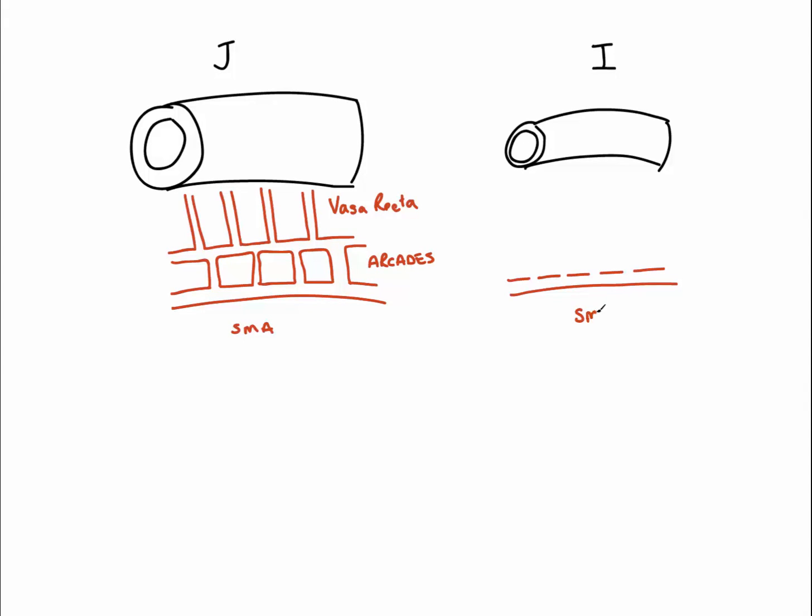Again, we've got a representative length of the superior mesenteric artery. And this time we can see that there's a whole series of these arterial arcades, but they're more irregular. There's more of them, and they tend to be smaller. Here we've got a representative portion of these arterial arcades, and you can see that they are considerably smaller, and there's more of them compared to the jejunum.